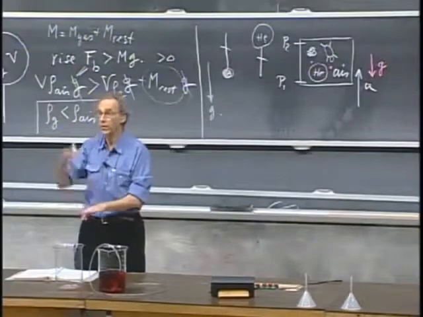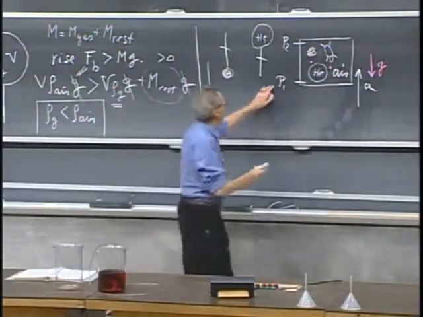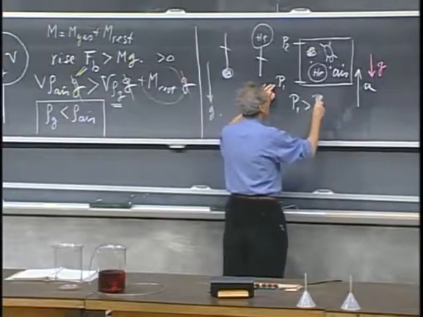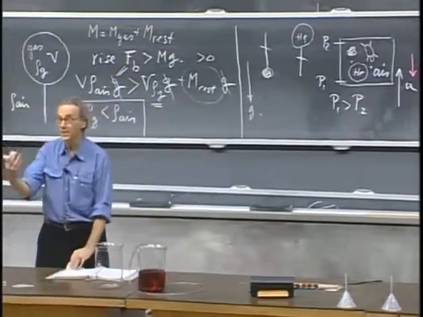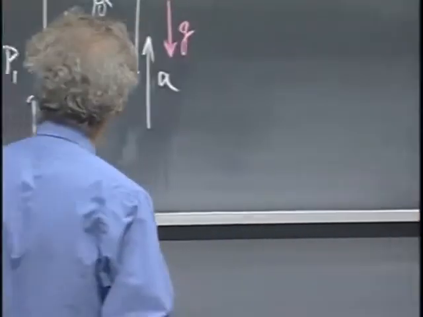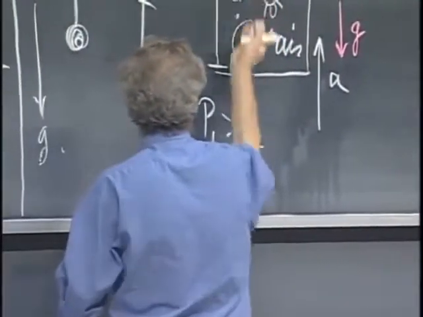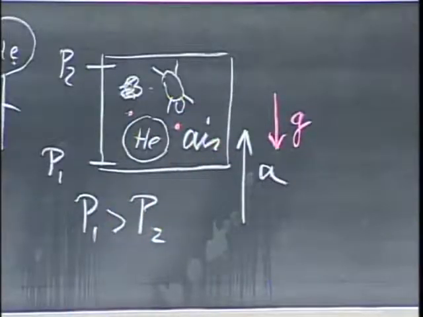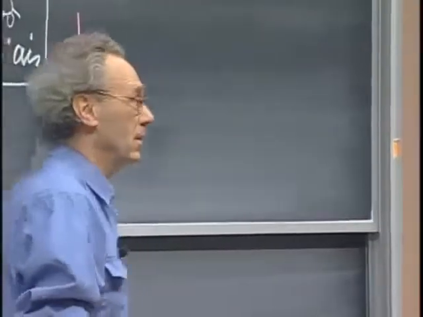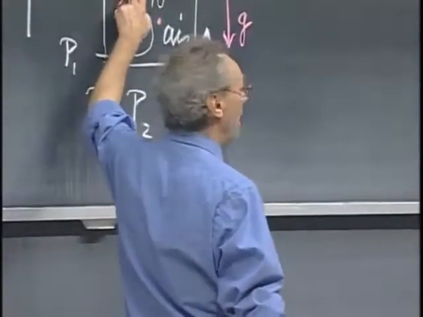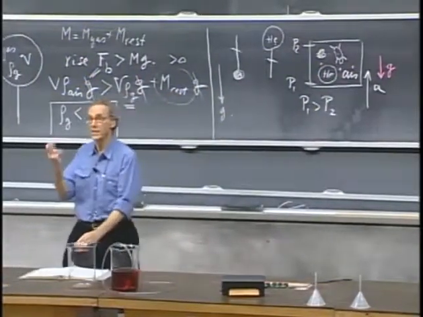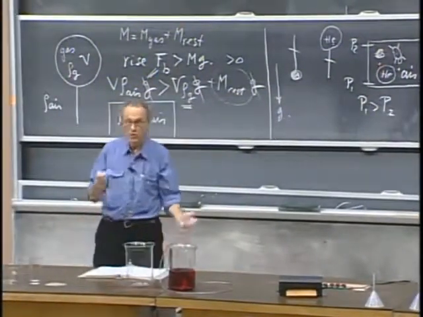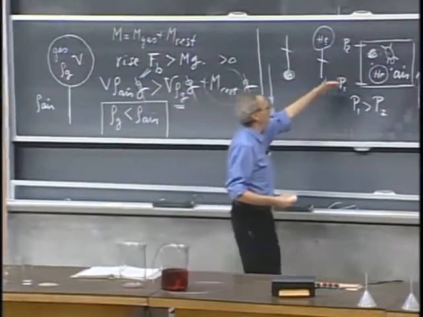The pressure is here higher than there. So you get P1 is higher than P2. So you create yourself an atmosphere, and the balloon will rise. The balloon goes in the opposite direction of gravity. If there were no air in there, then clearly all of us would fall. The apple would fall, I would fall, and the helium balloon would fall. The only reason why the helium balloon rises is because the air is there, and because you build up this differential pressure.